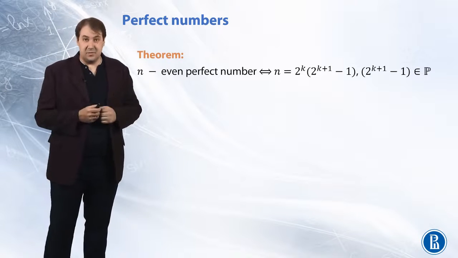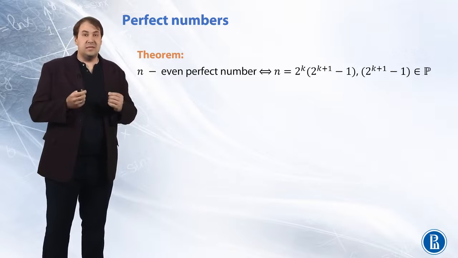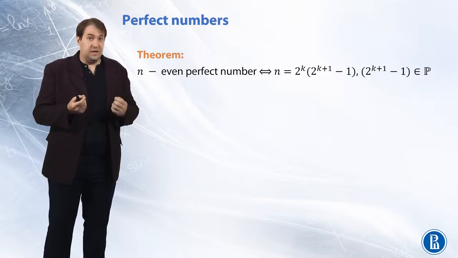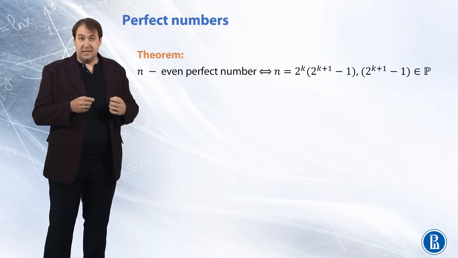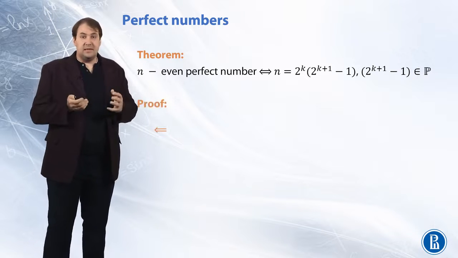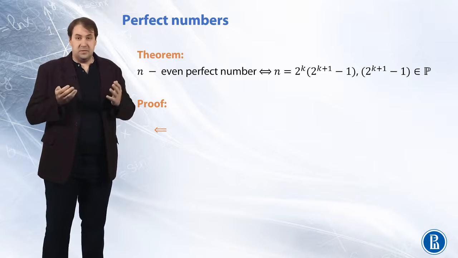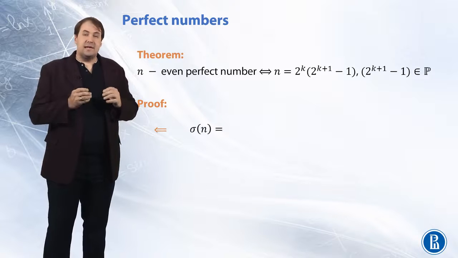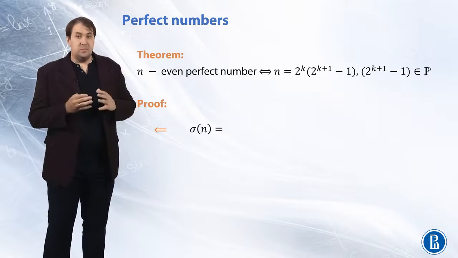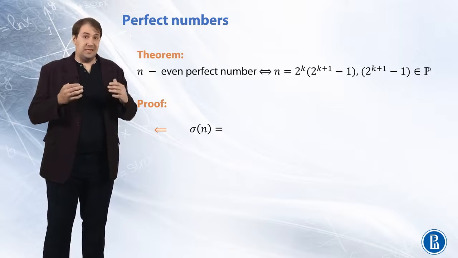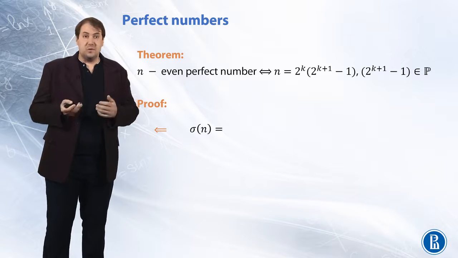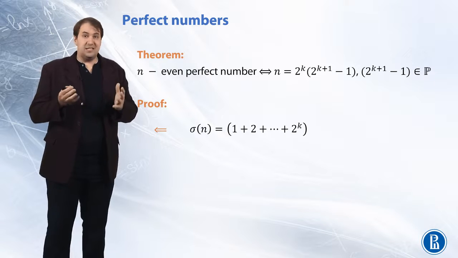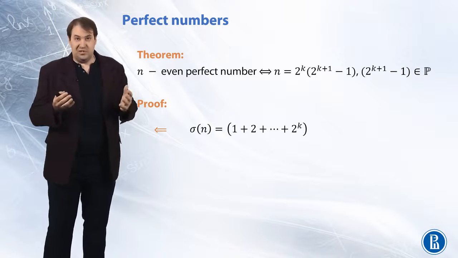Let us now prove this theorem. Since the theorem is an equivalence, we need to prove it in two directions. First, we will prove it from the right-hand side to the left-hand side. Let us consider n given by this complicated formula, and calculate the sum of all its divisors. We know that the sum of divisors is a multiplicative function, so first we take the sum of all divisors of the power of 2, and these numbers are also powers of 2.